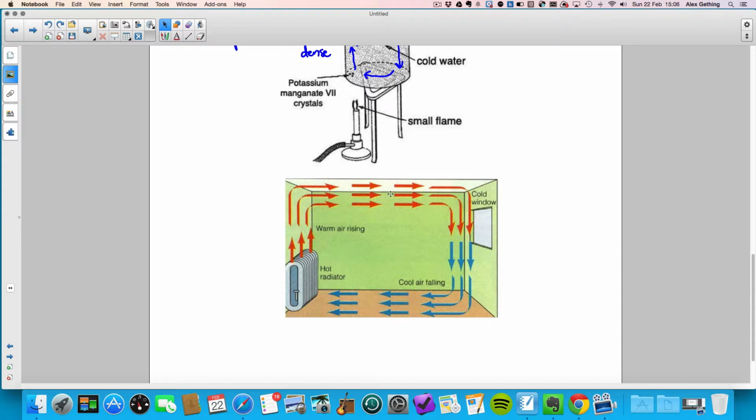As they move along, they're going to lose their energy, especially by a window or something like that, and they're going to sink at this point, so we get these currents going on inside the room. And they do like to use heating a house as an example. If asked about explaining this, just remember that it is all to do with the density of the particles, to the fact that they've got more energy, they expand, they become less dense, so they rise.